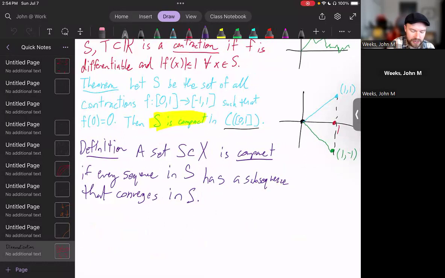So let's recall also what it means for a sequence to converge inside of this set. First, all of these are functions in and of themselves.